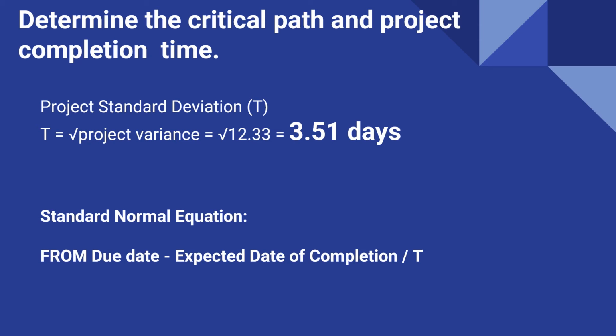Earlier, when we determined our project variance, we can use that to get our project standard deviation. Our project standard deviation is just the square root of our project variance. So the square root of 12.33 is 3.51. Our standard normal equation is the due date less the expected date of completion that we computed earlier, divided by our project standard deviation.